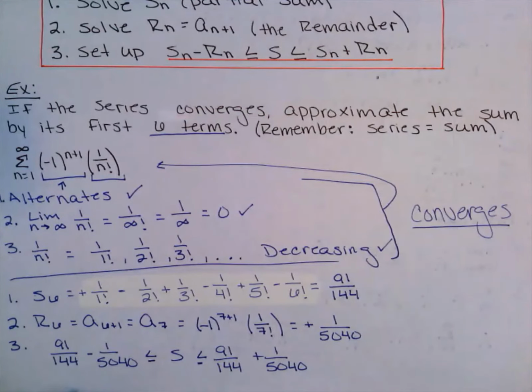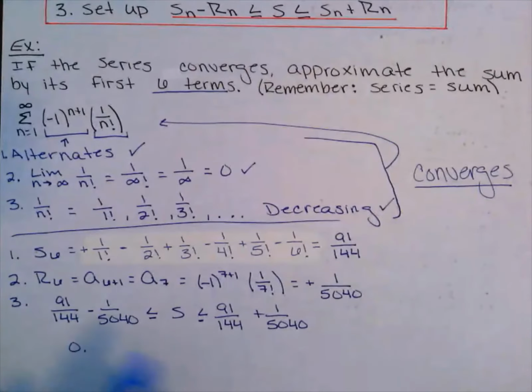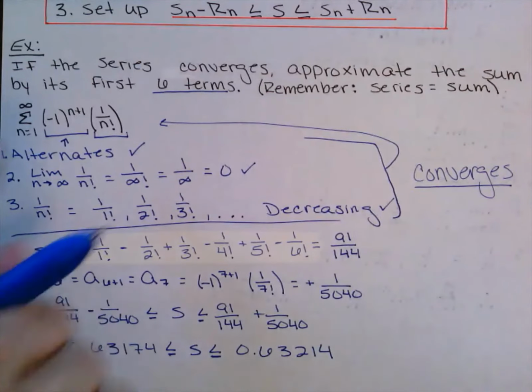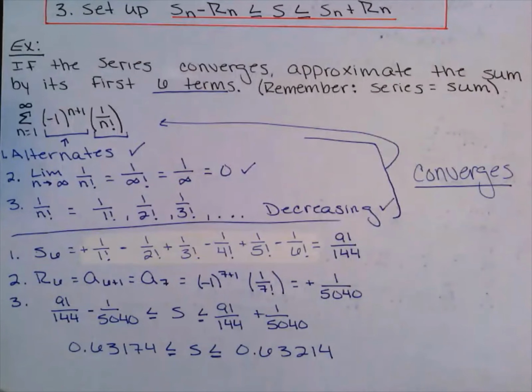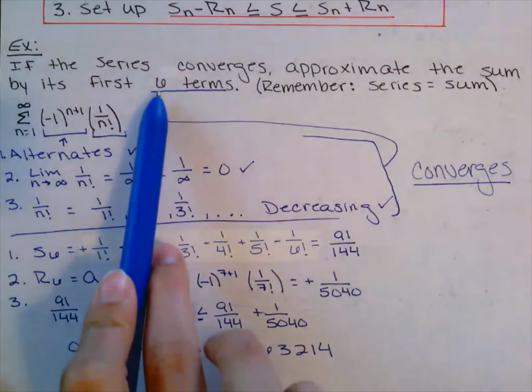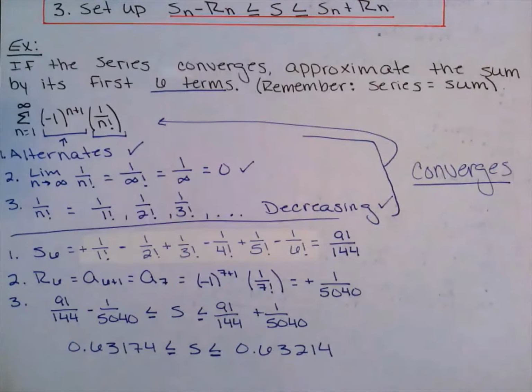So this gives you around 0.63174 and 0.63214. That means that this alternating series will converge to a number that is somewhere in between, and we found that based off of the 6th term.